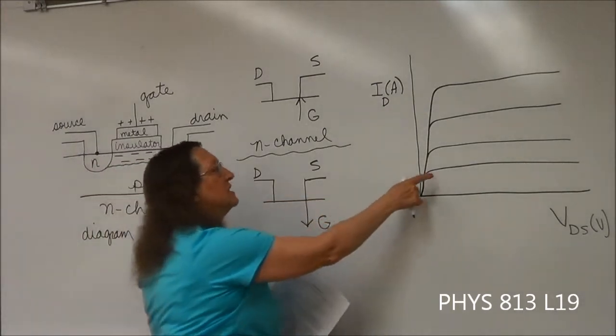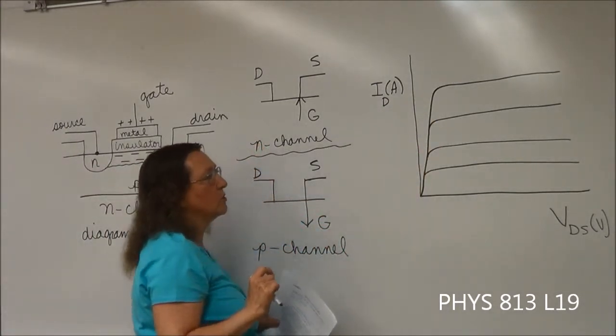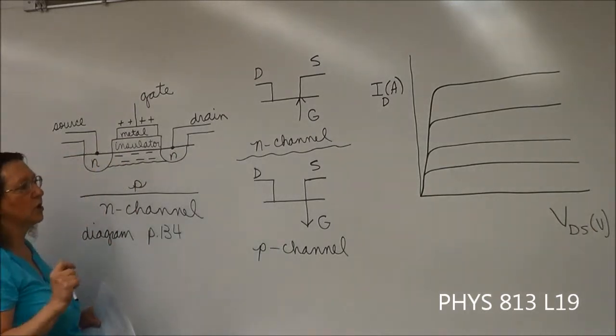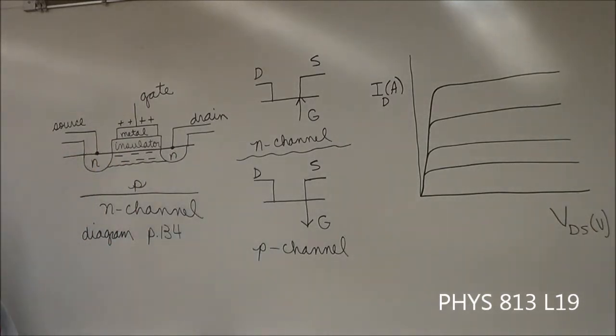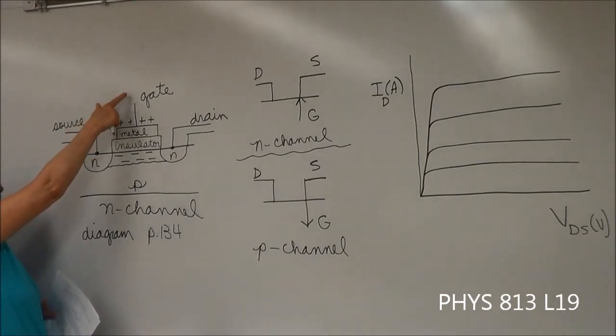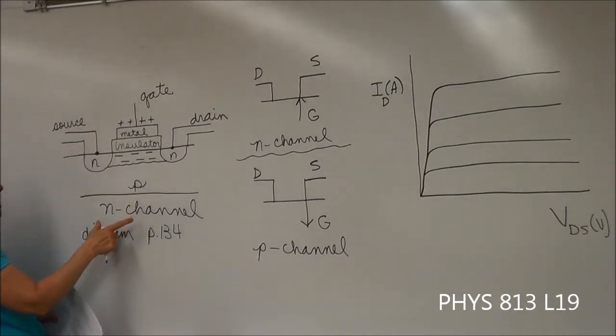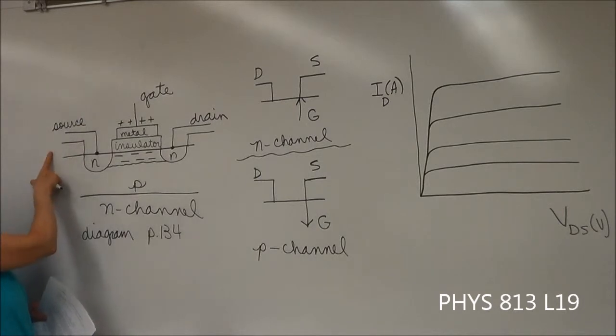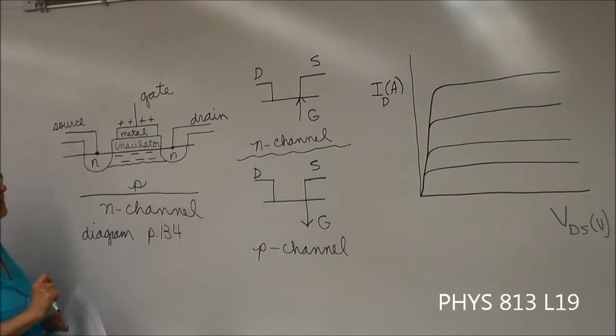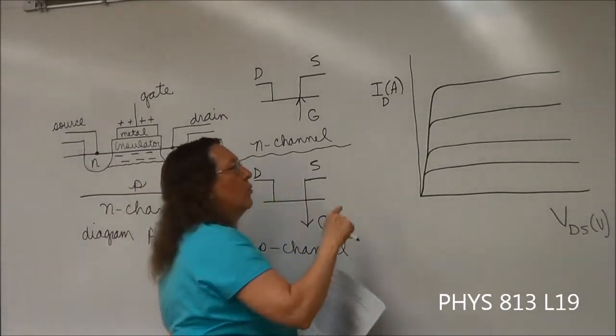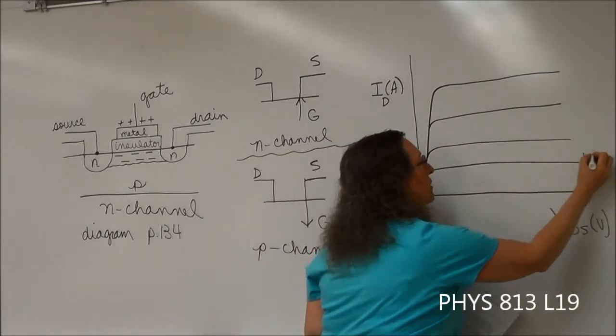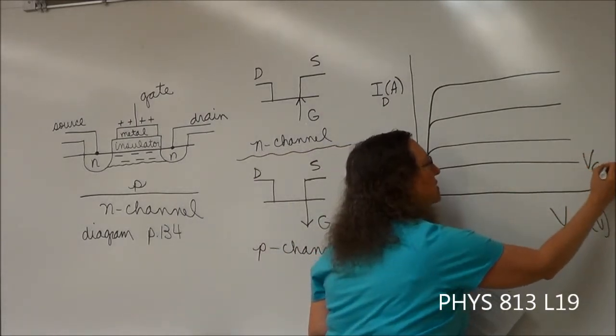Now, each of these different lines goes with a particular gate source voltage. If you remember I said when you apply potential difference between the gate, actually it must be over here, to the source, we're going to call that V gate source.